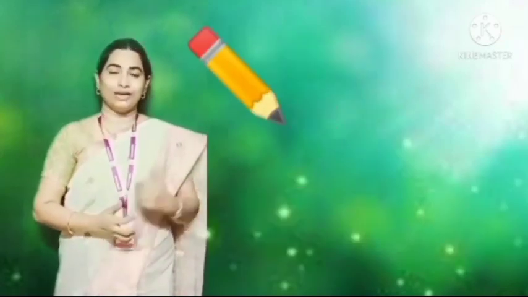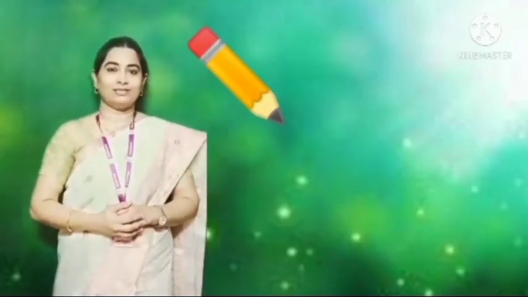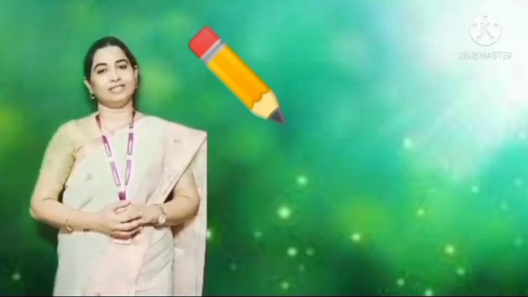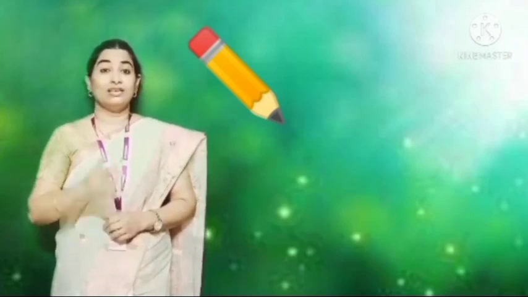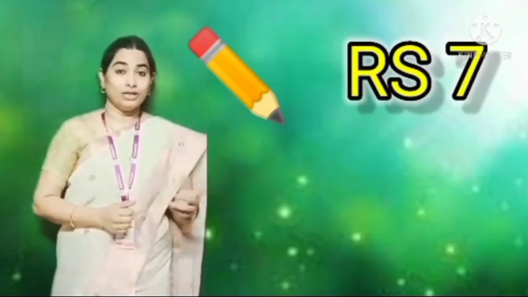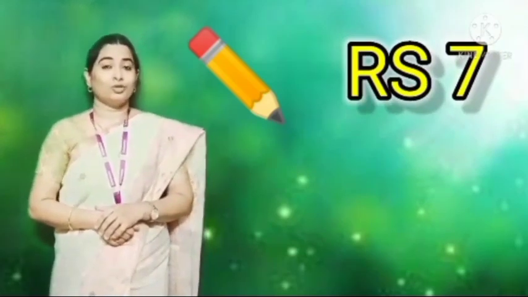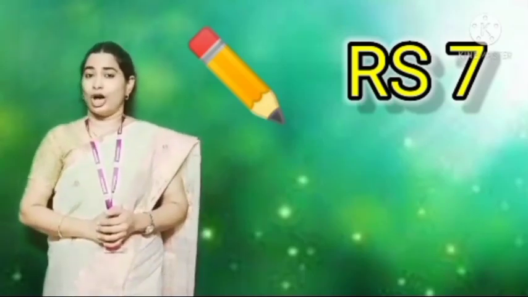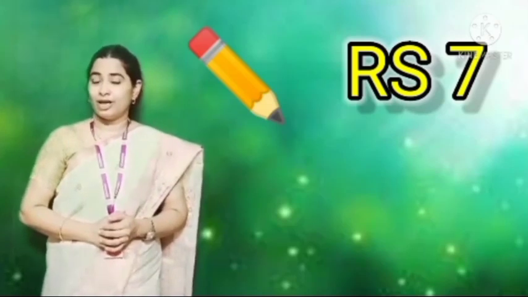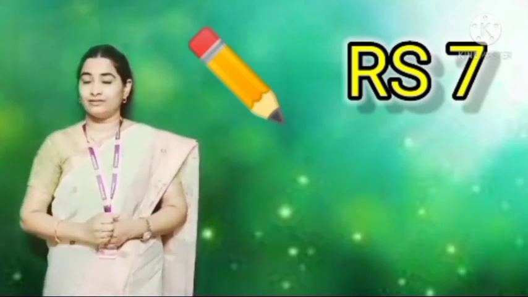Now, look at this, children. It's a beautiful pencil, isn't it? Do you know the cost of the pencil? It's 7 rupees. If you need to buy this pencil, you should give 7 rupees to the shopkeeper. So how much will you take from your pocket?